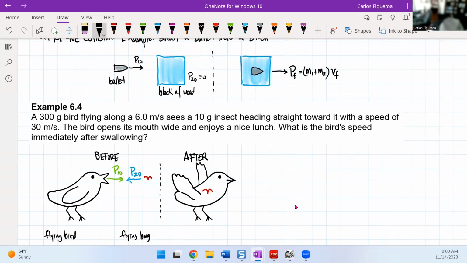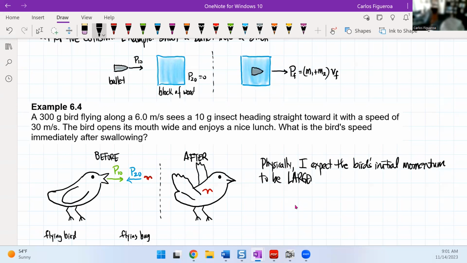So physically, I expect the bird's initial momentum to be larger than the bug's. So why would I expect that? So the question is why?